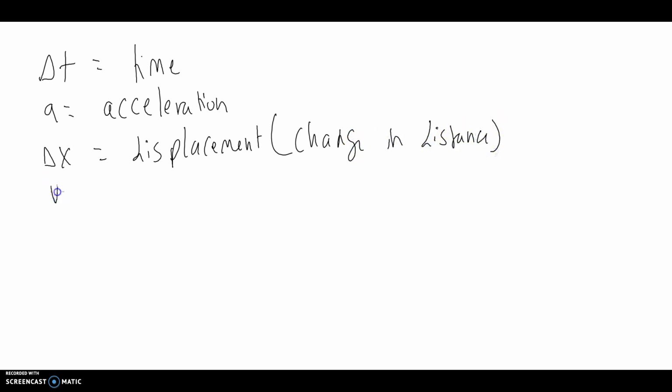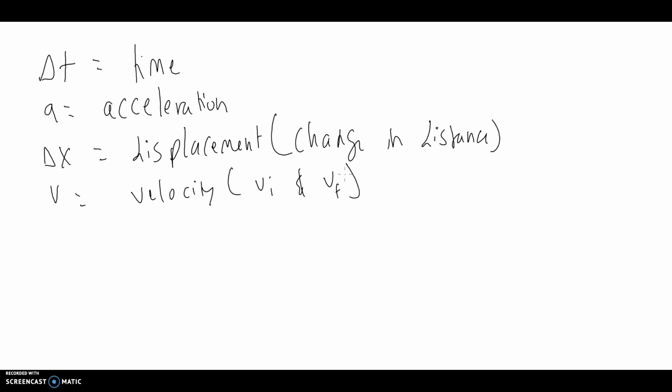And lastly, we have v, which equals velocity, and it's broken down into vi and vf, which is initial and final velocity. So in the actual kinematic equations, you will never see just v. It's always broken down into vi or vf.